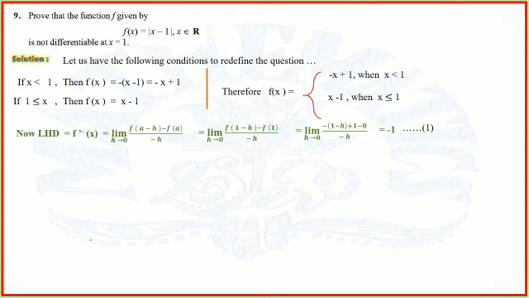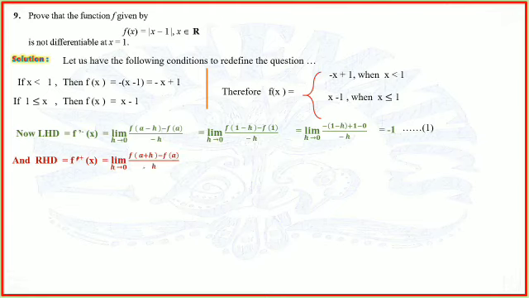Similarly, we will go for right hand derivative. Right hand derivative is equal to f dash plus of x is equal to limit h tends to 0 f of a plus h minus f of a upon plus h.